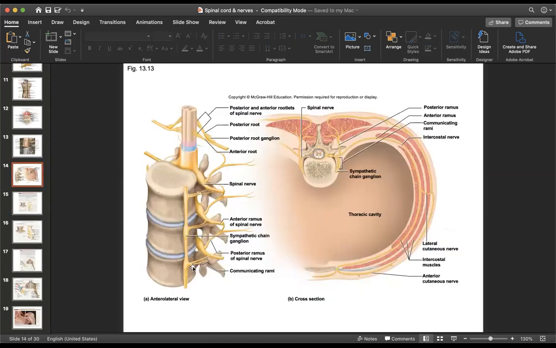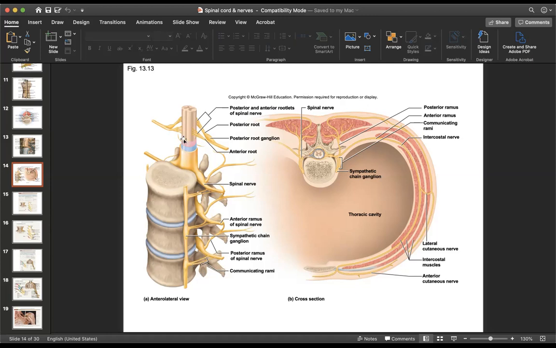So here's the sympathetic chain. What we looked at earlier is just a transverse section. Here you see it more in a real three-dimensional structure. So you've got your spinal nerve, your ventral ramus, your dorsal ramus, your rami communicantes that can connect to the sympathetic ganglion. And again, each of those ganglia attach to each other up and down, as well as at each level.